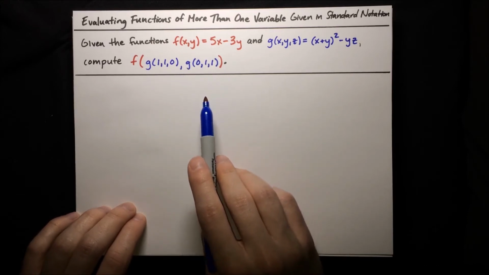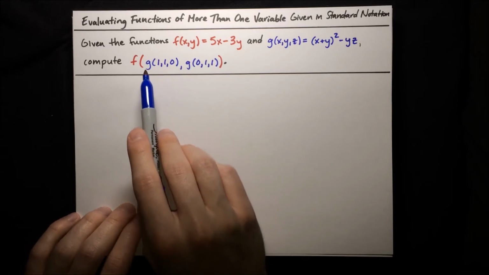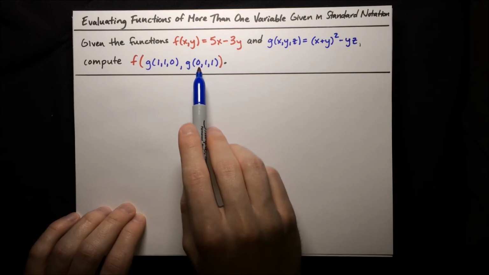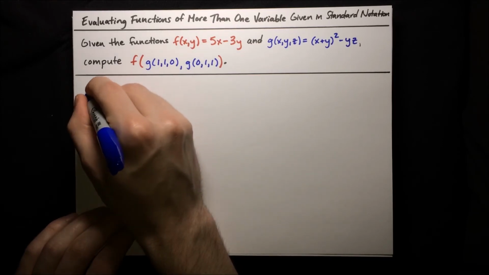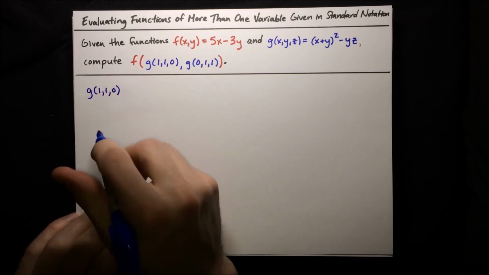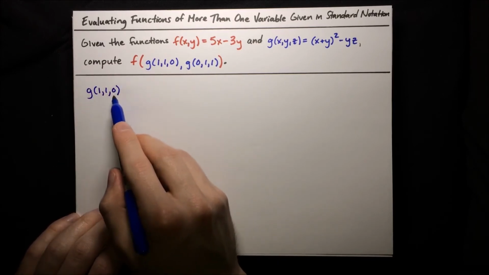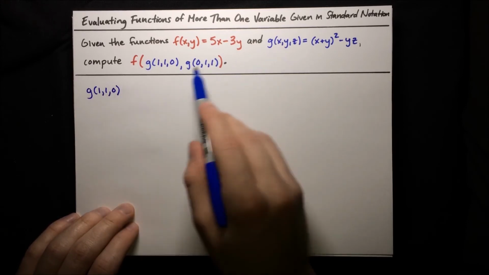Okay, so our first task here, let's simplify this. Let's go ahead and evaluate what these g functions are. So first of all, what is g of 1, 1, 0? Well, in order to find g of 1, 1, 0, we just plug in 1 for x, 1 for y, and 0 for z.